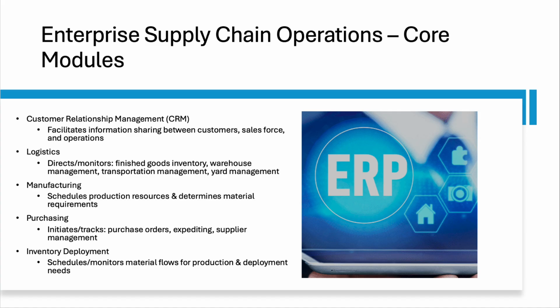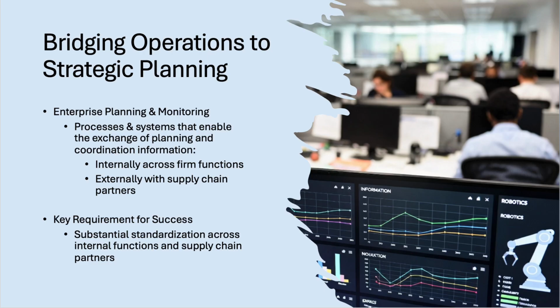Together, these modules help connect customer demand with operational execution. When these modules are integrated, a customer order can trigger inventory assignment, warehouse activity, transportation planning, replenishment, purchasing, and financial transactions. These core modules handle much of the day-to-day execution.